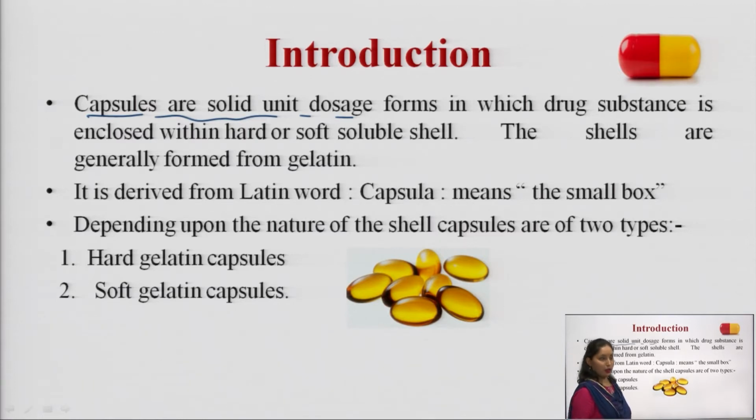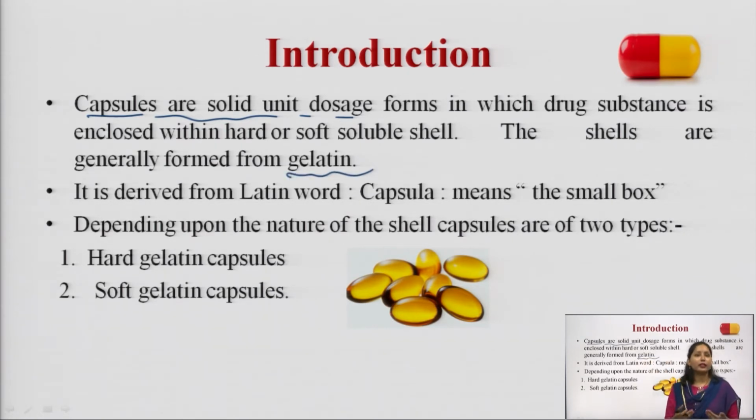So, as per the definition, capsules are solid unit dosage forms in which the drug is either enclosed or incorporated into a soluble shell, and that shell is made from gelatin.